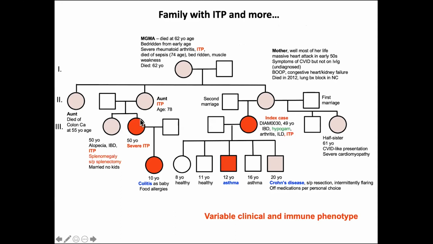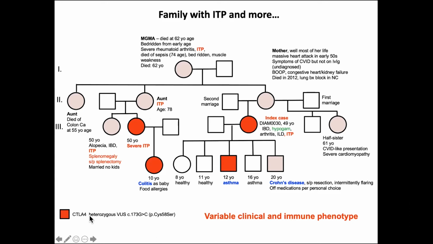So with that history, and the family history of ITP in several members of the family, as you can see, the clinician, the hematologist in Boston, elected to sequence the genetic material of these initial twin siblings, and he found that these patients had a CTLA-4 deficiency.